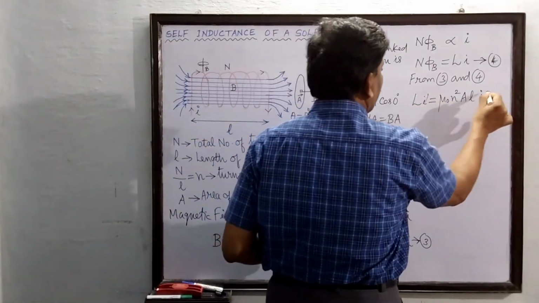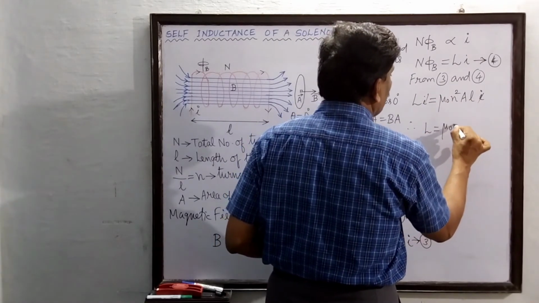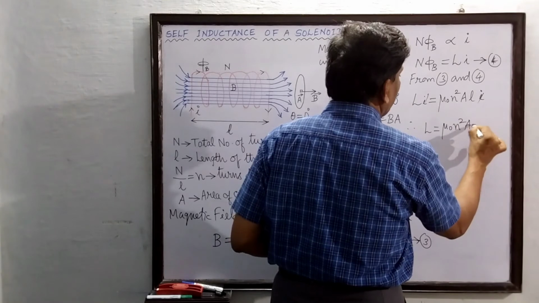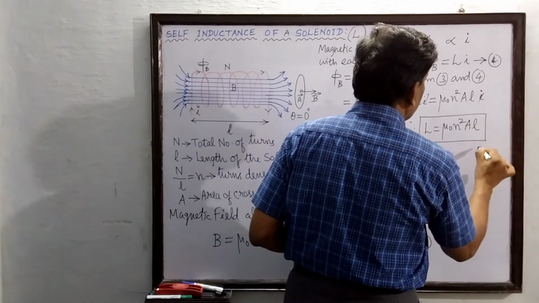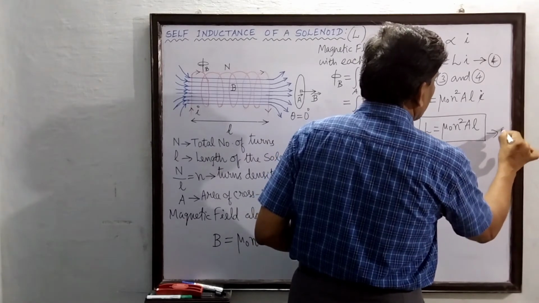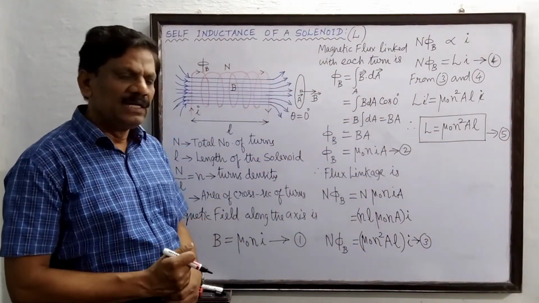So we get the final equation. Therefore, L is equal to mu naught n square A into L. So this is the last and final equation, number 5, for the self-inductance of the coil.